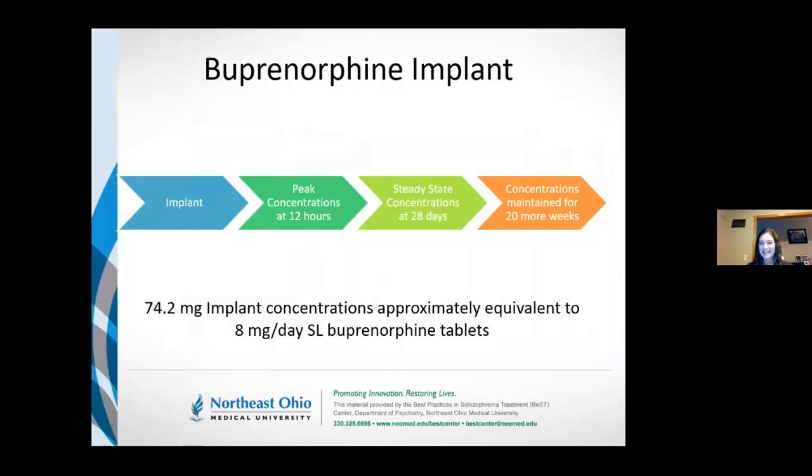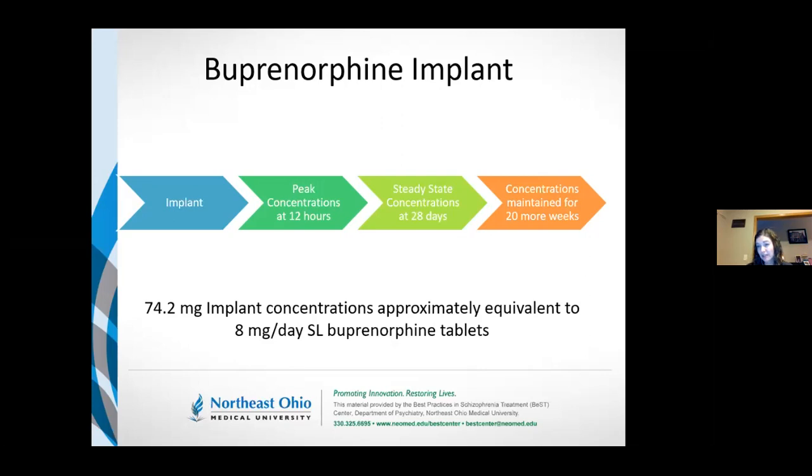Last, our section on pharmacokinetics, looking at how these differ. For the implant, as I mentioned, they get surgically implanted and it starts releasing right away. It can achieve peak concentrations of buprenorphine 12 hours following the insertion.